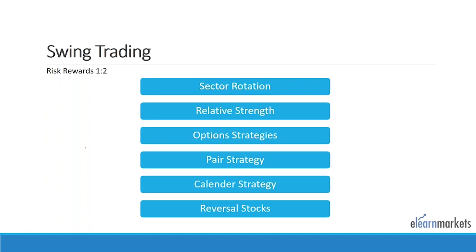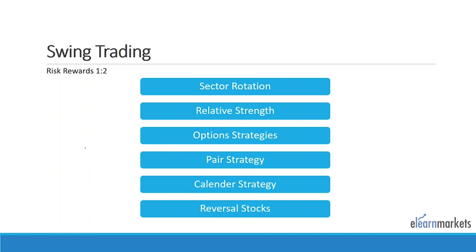Swing trading, as I said, ranges from 2 days to 15 days. Typical classic strategies for swing are sector rotation, relative strength, option strategies, pair strategies, calendar strategies, and reversal stocks. All these strategies require a different set of data, different set of parameters. Sector rotation is the flow of money from one sector to another sector.